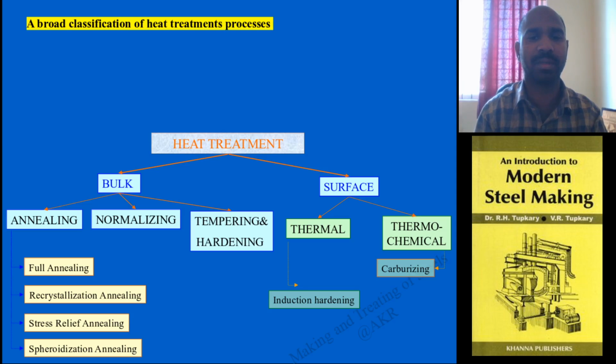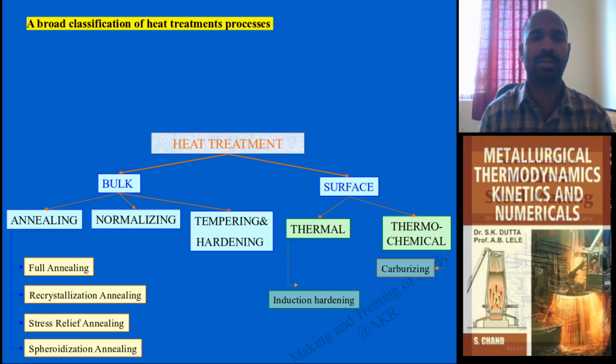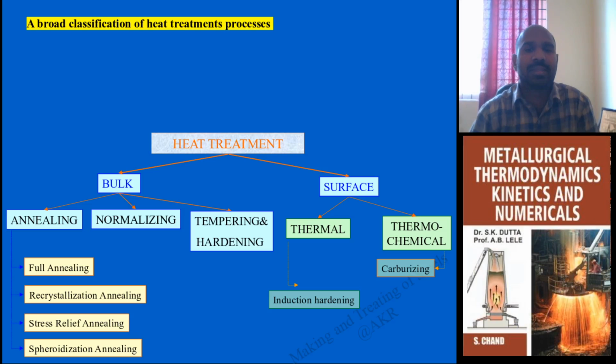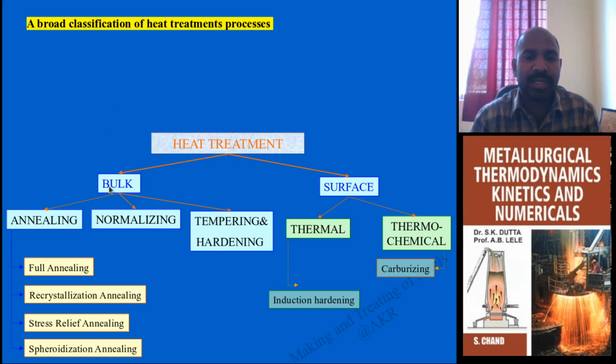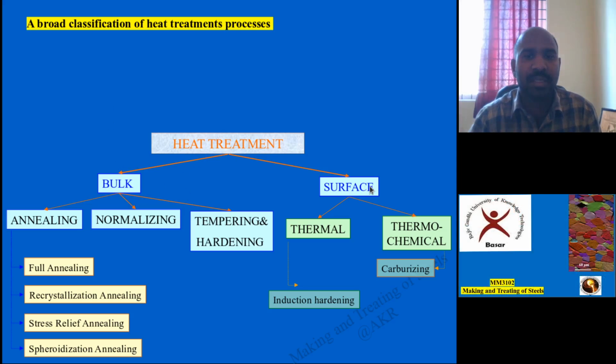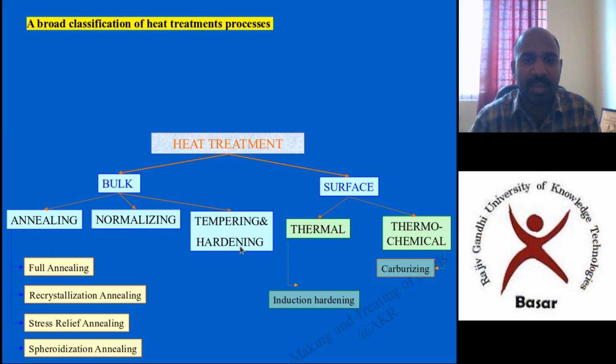How is the heat treatment process classified with respect to our subject of interest, heat treatment of steels? Heat treatment can be bulk heat treatment or surface heat treatment. Bulk heat treatment is broadly classified into annealing, normalizing, tempering and hardening.